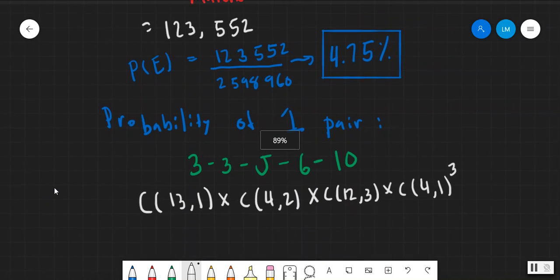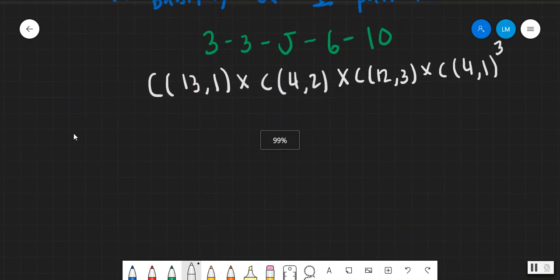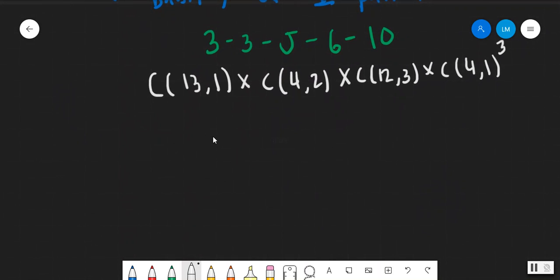So if we look at this computation, we can figure out what this will equal. That's going to be equal to 13 multiplied by 6 multiplied by 220 multiplied by, well, 4 cubed is really just 64, so we have 64.